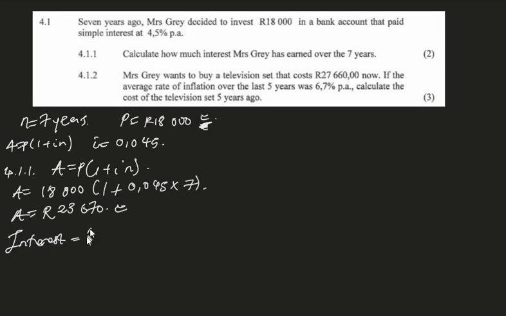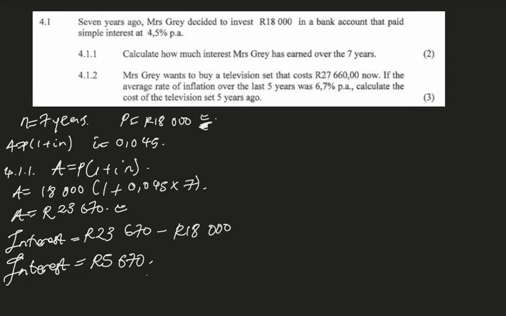I take the accumulated amount, the 23,670, and subtract the money she put in, which is 18,000. Let me calculate it from my end. I get 5,670. So here I'll just write 5,670 rands. That's the interest she gained. Easy as that, guys.